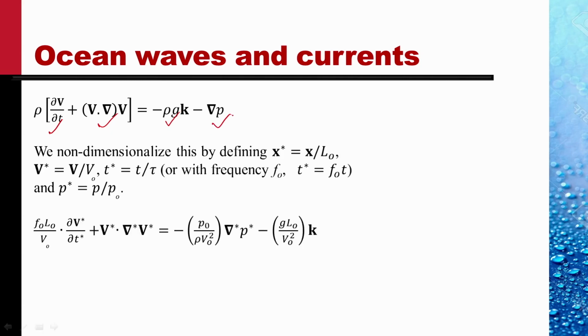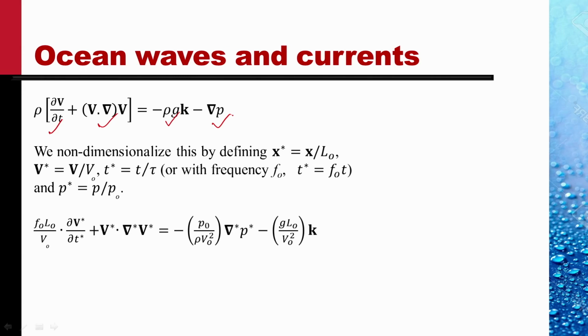And when we non-dimensionalize this by defining x star is equal to x divided by L naught, a characteristic length, v star is equal to v divided by v naught, a characteristic velocity, t star is equal to t by tau, a characteristic time, or if the frequency is f naught, then we can define t star as f naught t, and p star as p divided by p naught.